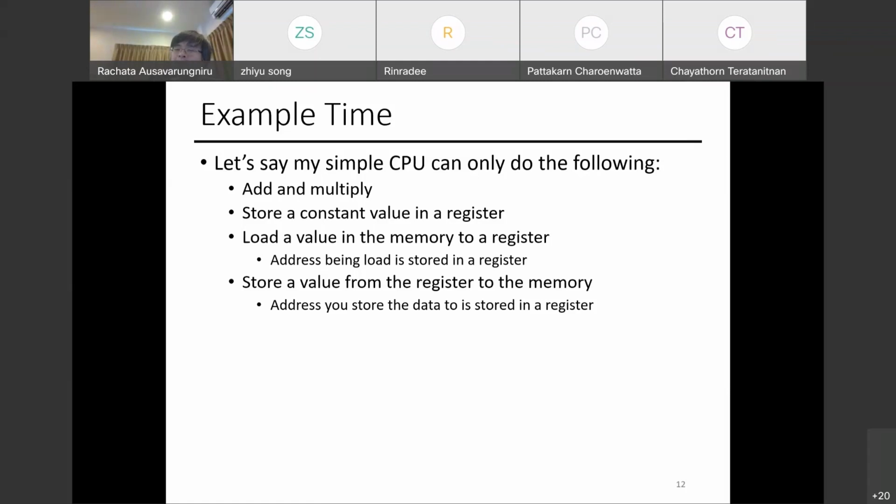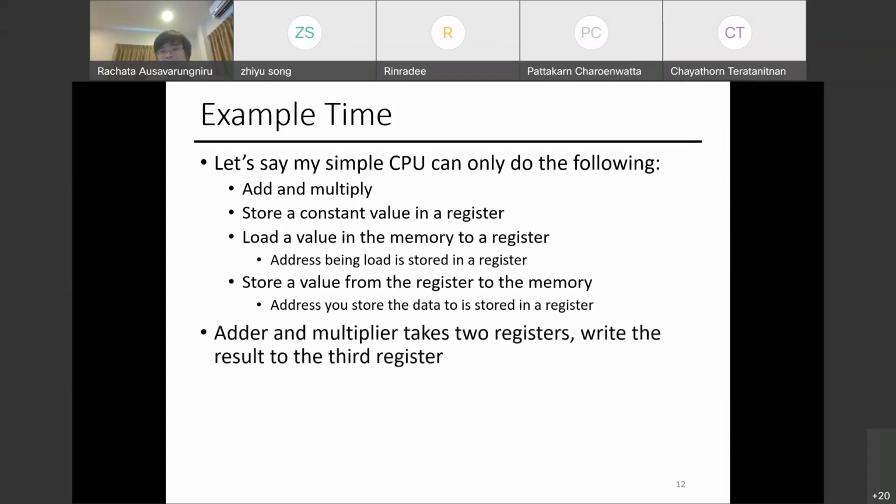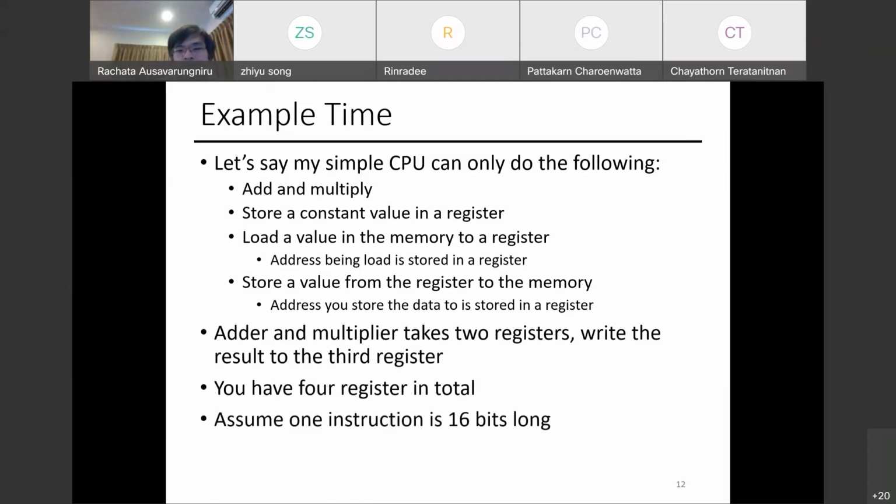The adder and multiplier take two registers and write the result to a third register. You have 4 registers in total. Really, really simple CPU. And let's assume each instruction is 16 bits long.